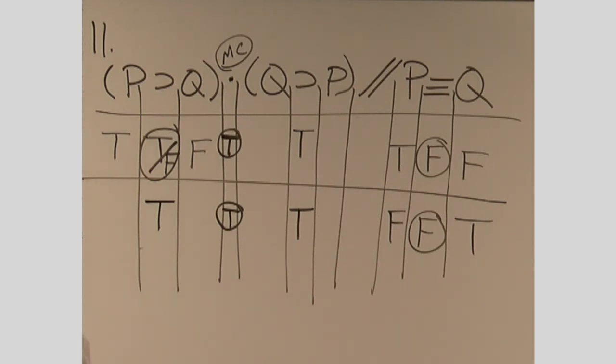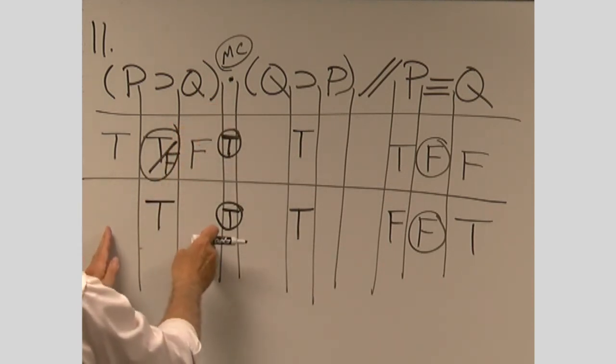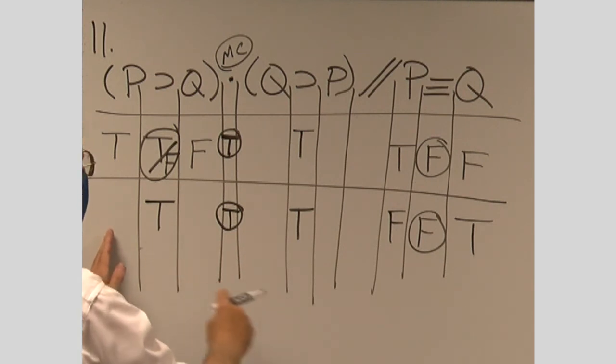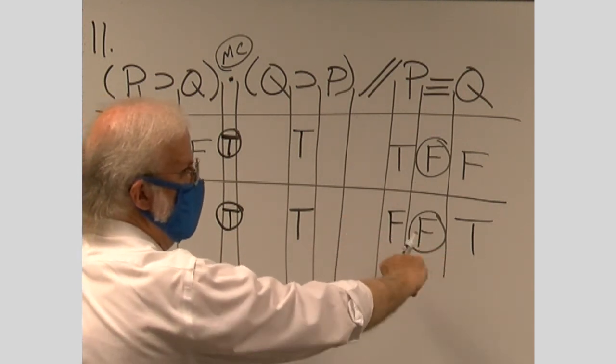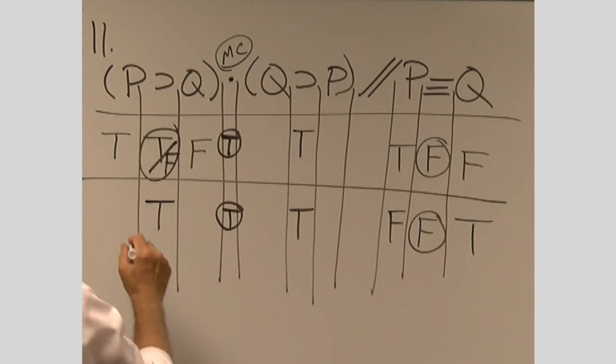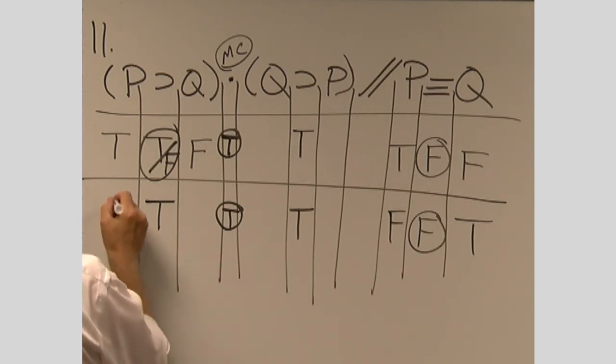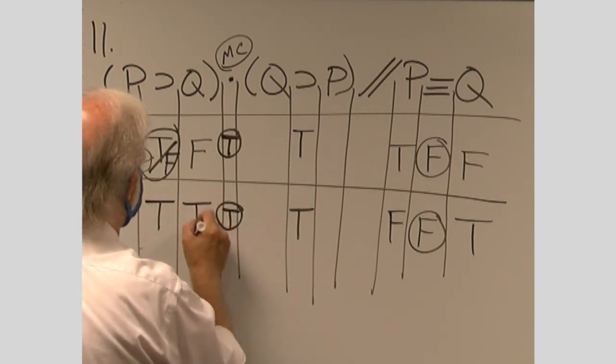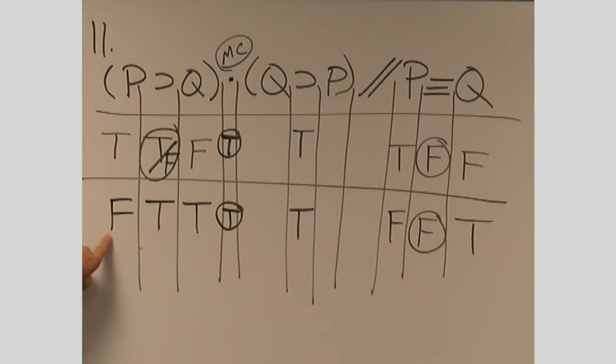Now, let's go to the first set of parentheses and put in the values of P and Q that we learned from the conclusion. We learned in the conclusion that the P needs to be false and the Q true. Does false horseshoe true give you a true horseshoe? Yes. It does. So we continue on.